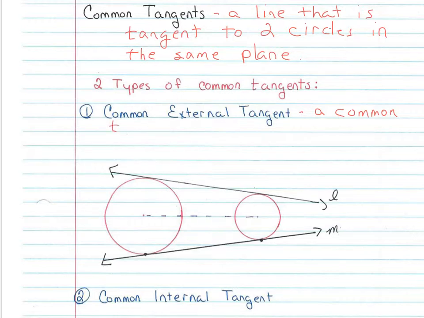and what do I mean when I say it's a tangent line? It intersects in only 1 point.